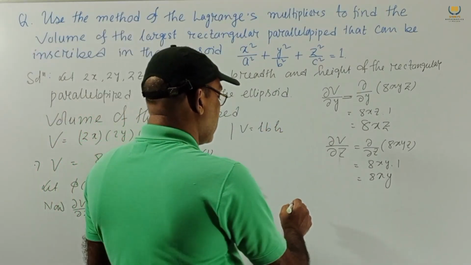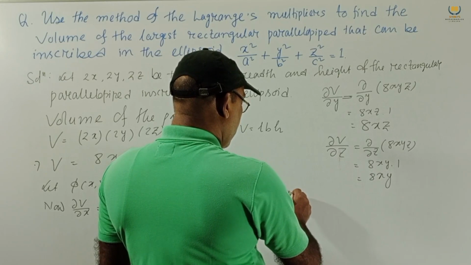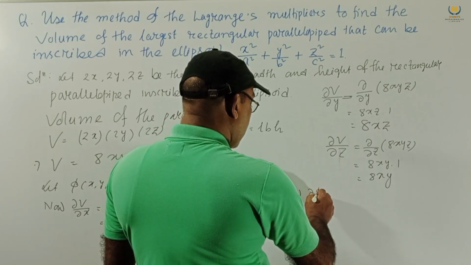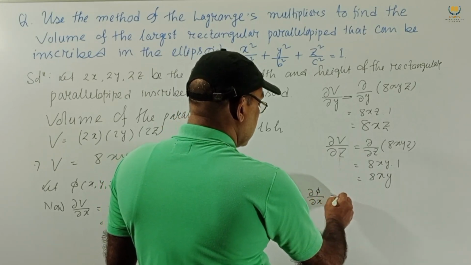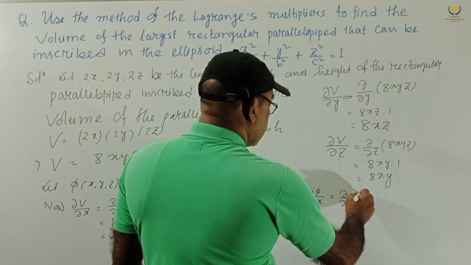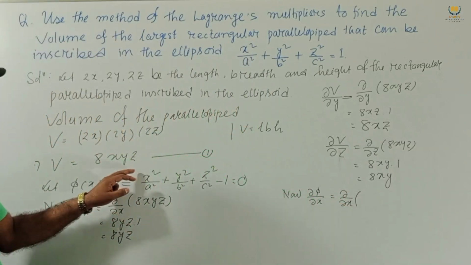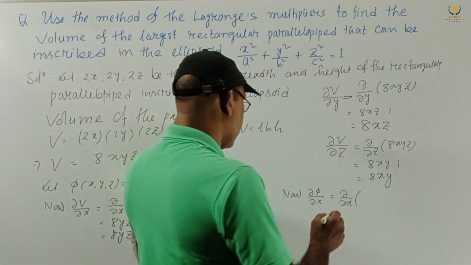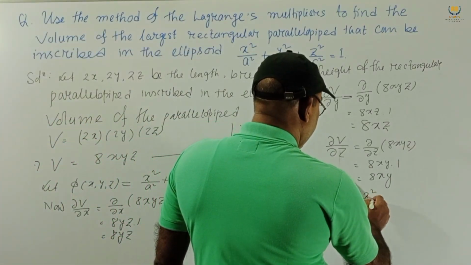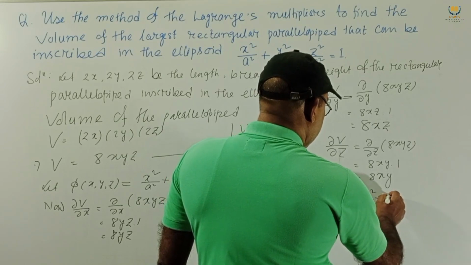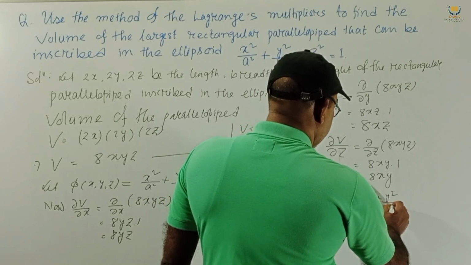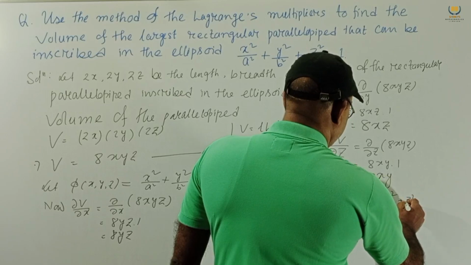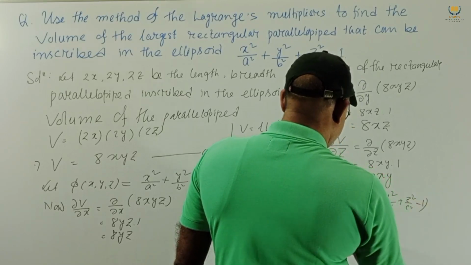Now we find del phi by del x. Del phi by del x of x square by a square plus y square by b square plus z square by c square minus 1.